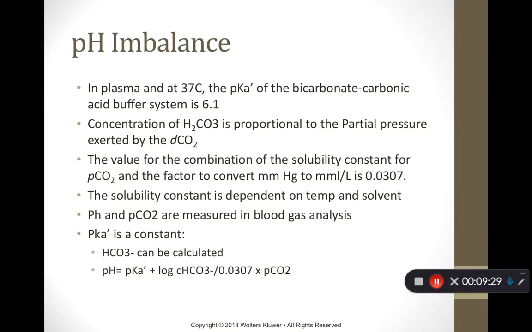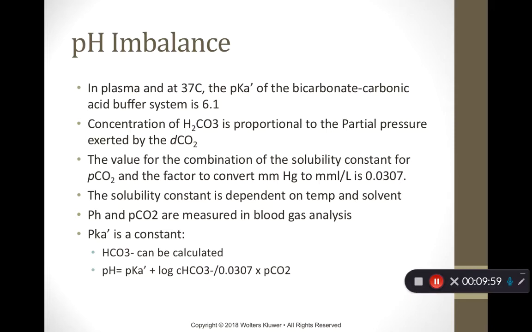The value for the combination of the solubility constant for PCO2 and the factor to convert millimeters of mercury to millimoles per liter is 0.0307. The solubility constant is dependent on the temperature and solvent. pH and the partial CO2 are measured in blood gas analysis, as I said to you before.